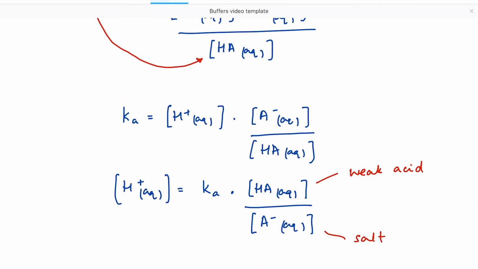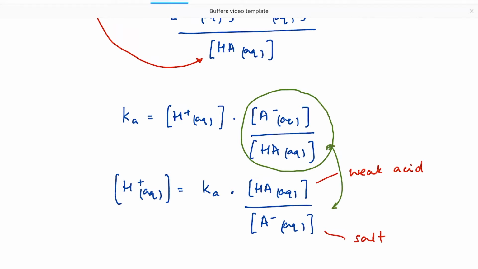Please note, if maths isn't your strength, that first of all, this is what buffers are about. It's about the ratio of concentrations of the salt to the weak acid. Secondly, in rearranging this equation, these two have flipped over.